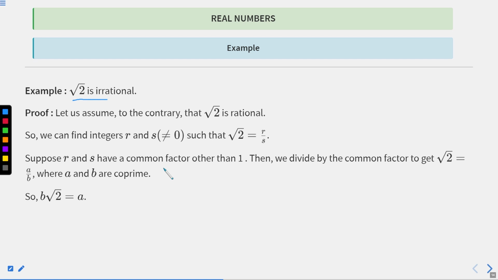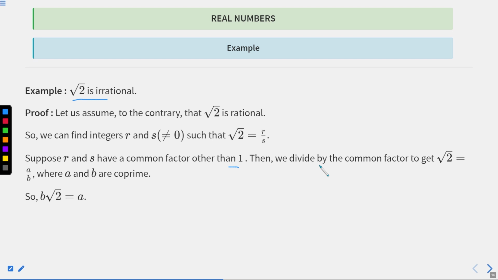Suppose r and s have a common factor other than 1, then we divide by the common factor to get root 2 equal to a over b, where a and b are co-prime. That means the GCD of a and b is 1, that is, a and b have no common factors other than 1.